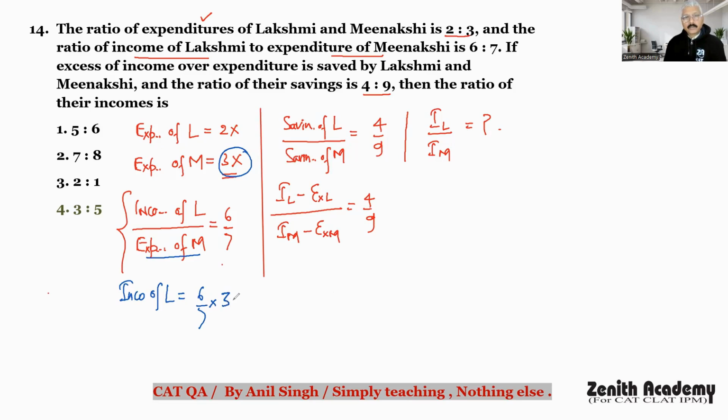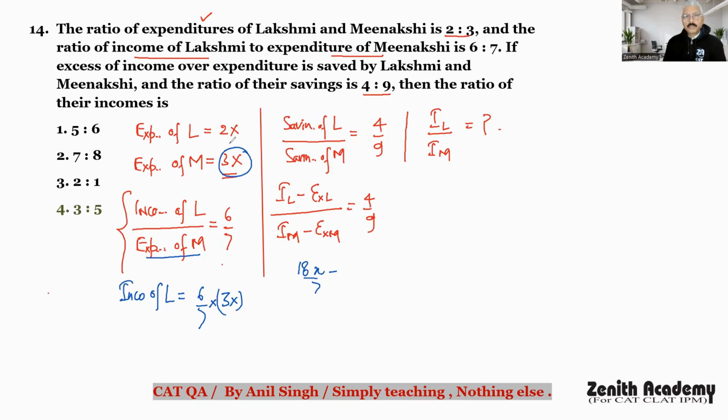So income of Lakshmi we can write as 6 by 7 of 3x, which means 18x. It is a general approach.